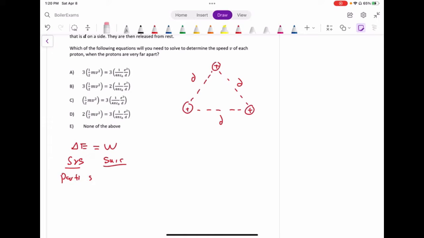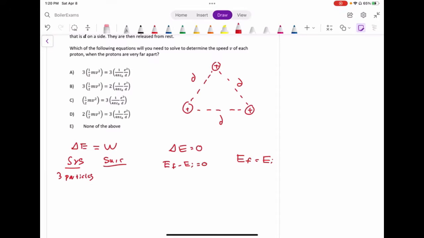Actually, we're going to do 1 particle. No, actually we're not. We're going to do all 3. All 3 particles are in 1 system. Okay, and we're going to put nothing in the surroundings, which means nothing can do work on our system. Delta E equals 0, which means E final minus E initial equals 0. E final equals E initial.